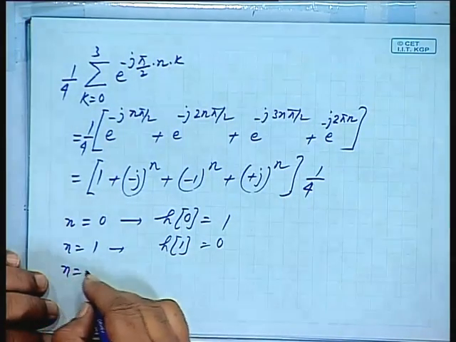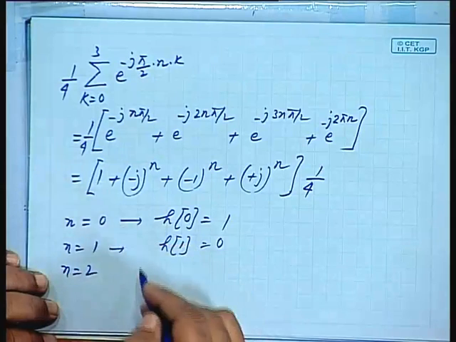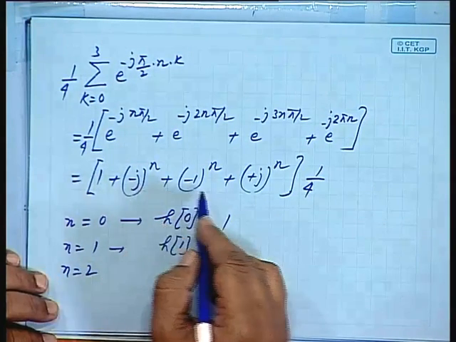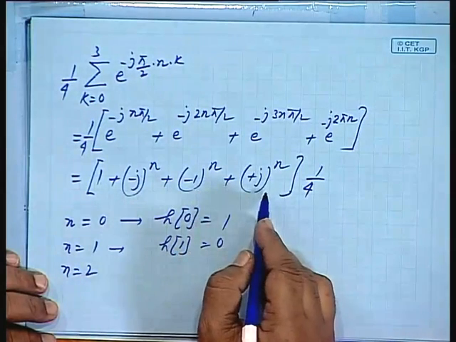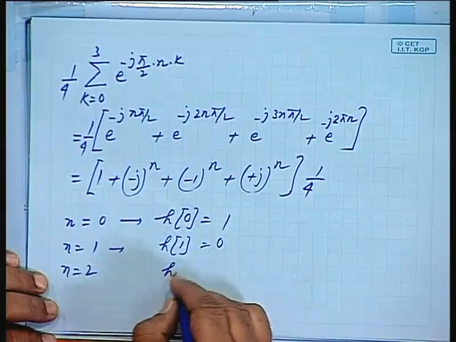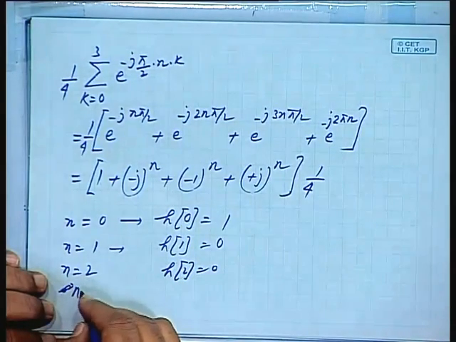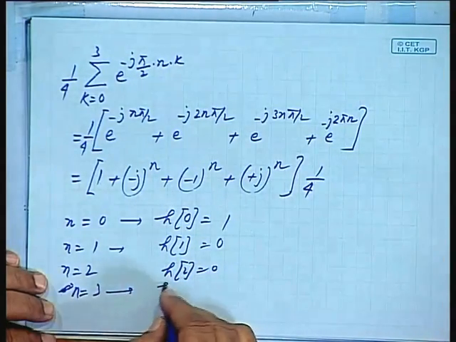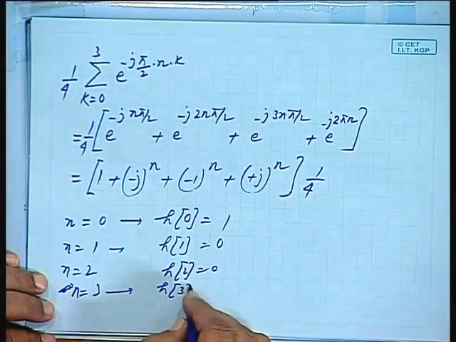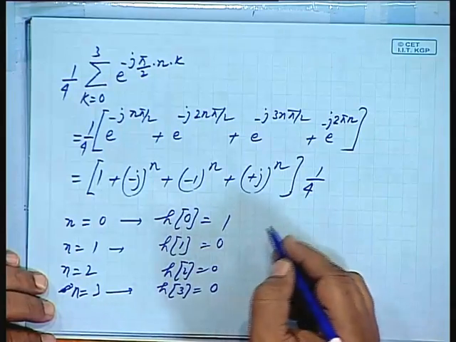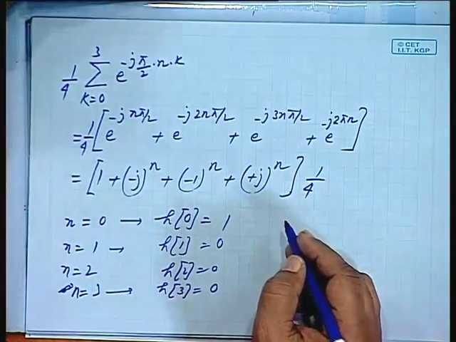N is equal to 2, this becomes 1, then minus 1, 1, again minus 1, so again 0. Similarly H3 will also be 0, are you all getting that, and then H4 will become 1. So, we are getting this sequence.